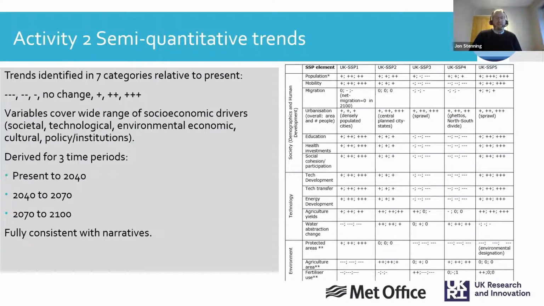We identified for each of the key indicators across each of the SSPs and across each of our 3 time slices, how we expected these drivers to change in that SSP compared to current day, and taking into account what's happened in the past, particularly in most cases the recent past.